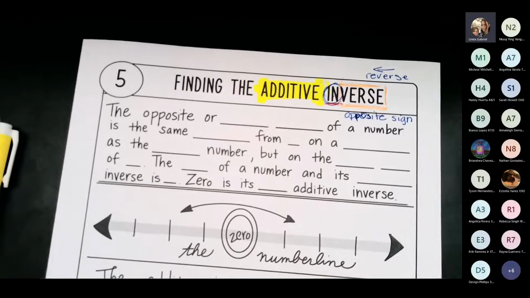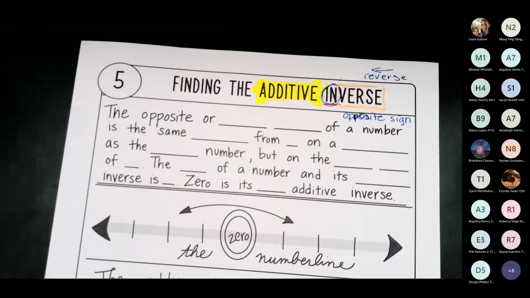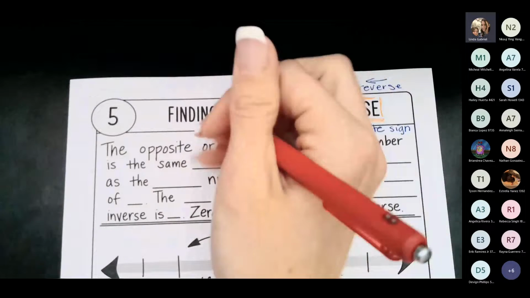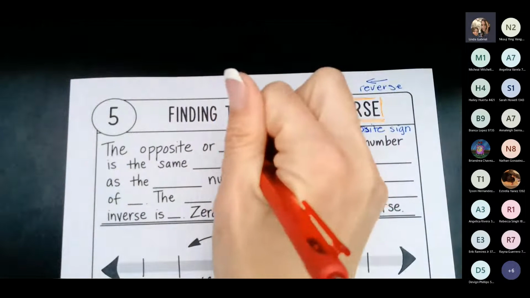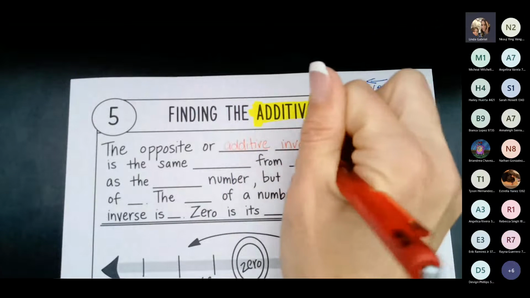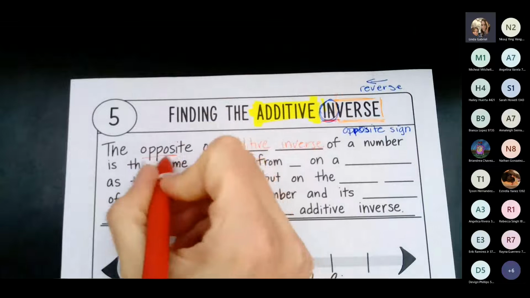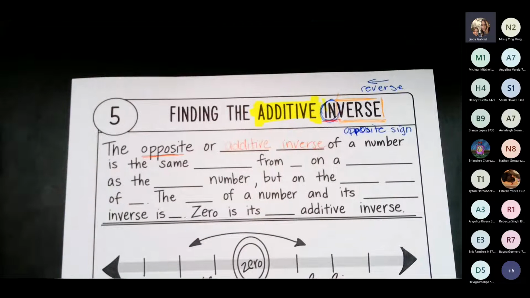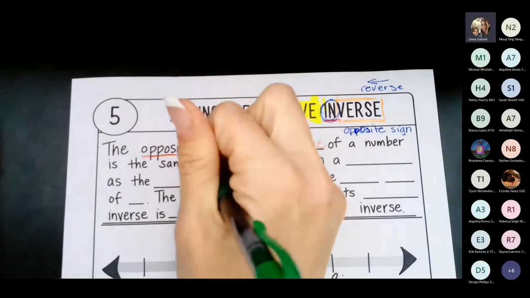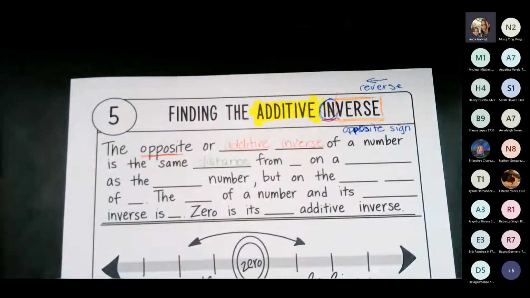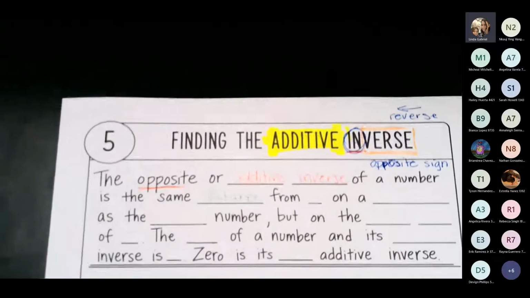All right, so finding the additive inverse, the rule is: the opposite, or additive inverse, of a number is the same distance from zero on a number line as the original number. Kind of a weird word, right, to use in math. Is the same distance. Can you guys read that?